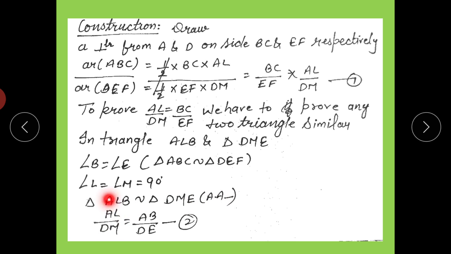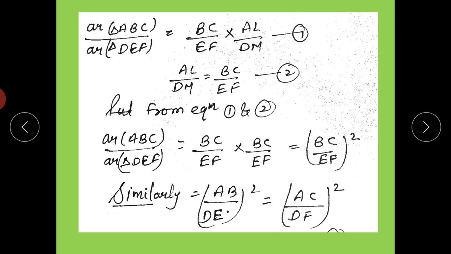So AL upon DM is equal to AB upon DE, and AB upon DE किसके इक्वल थी? BC upon EF is equal to AC upon DF. Yes or no? So in place of AL upon DM we can write AB upon DE, or we can write BC upon EF, or we can write AC upon DF. So this ratio in equation number 1, this we proved, that AL upon DM is equal to AB upon DE, or we can write BC upon EF.